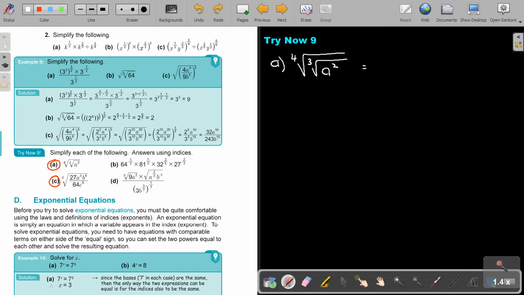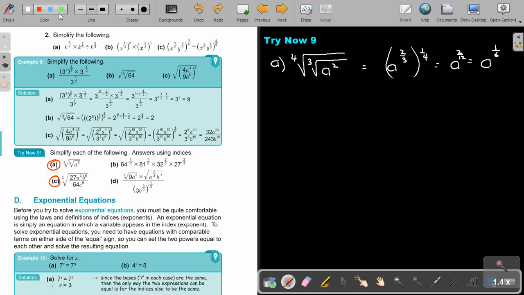Start from the inside, it's easier. So it's a to the power of 2 over 3. And now it's like a quarter. If you multiply that, you're just going to get a to the power of 2 over 12, and that's a to the power of 1 over 6.